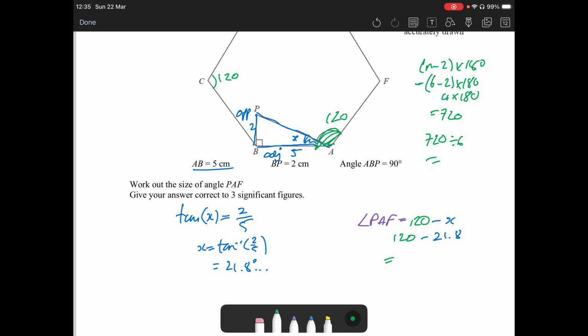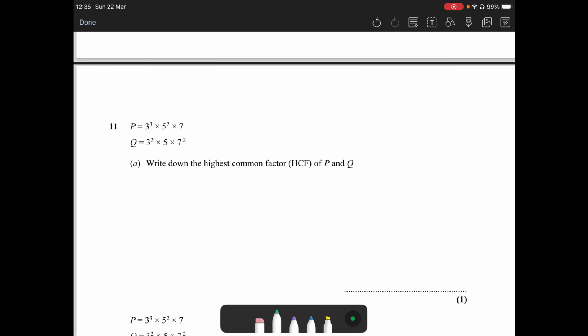So I'm getting 98.1985. I'm using the stored version of this number, which is slightly longer, because I don't want any rounding errors. So to 1 decimal place would be 98.2. You would get 98.2 even if you use the earlier rounded number. Degrees. Cool. Right, so we're now on number 11.